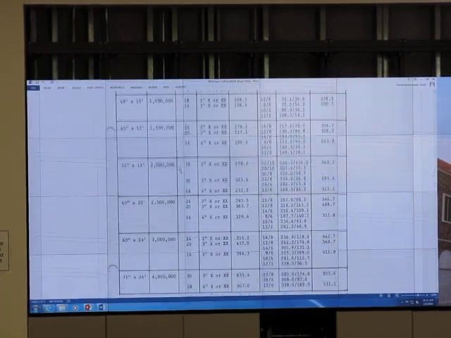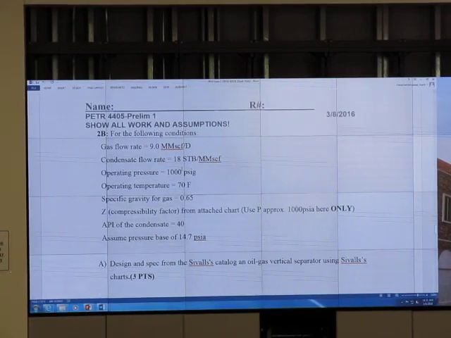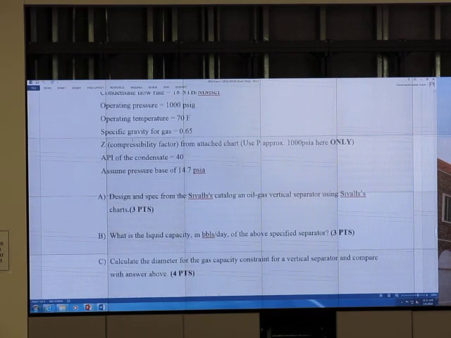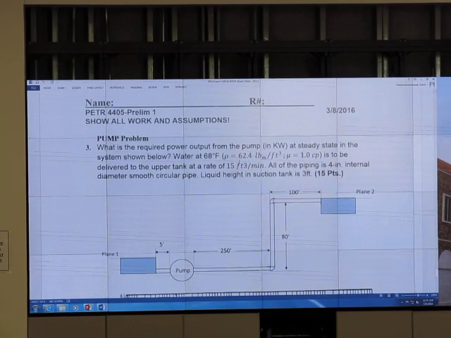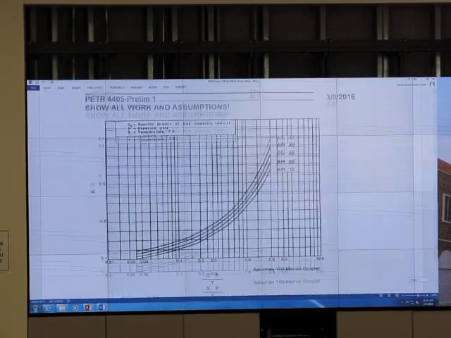Okay, that's 2016 equation, separator equation, and vertical separator. Okay, that's separator. Pump problem. Oh, that's my compressor equation.